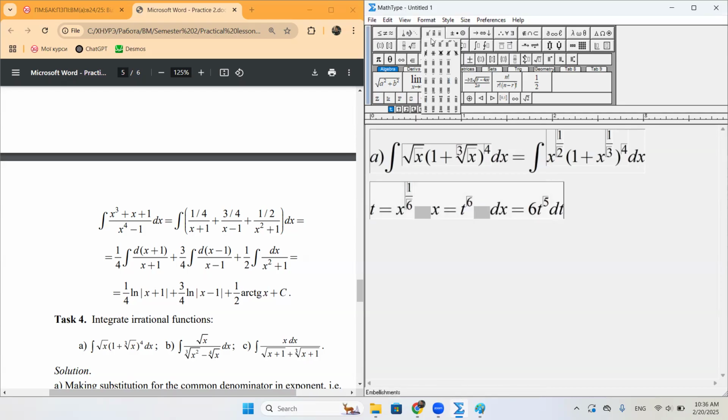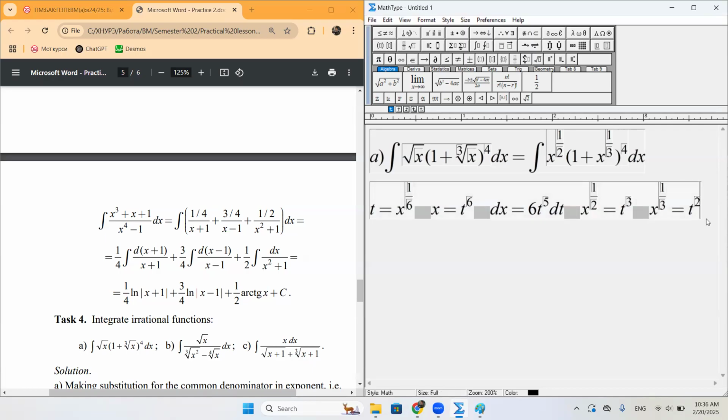Also, what about these fractions? So x in power of 2 equals t cube, and x in power of 1 second equals t square. So now we have rationalized the integral.